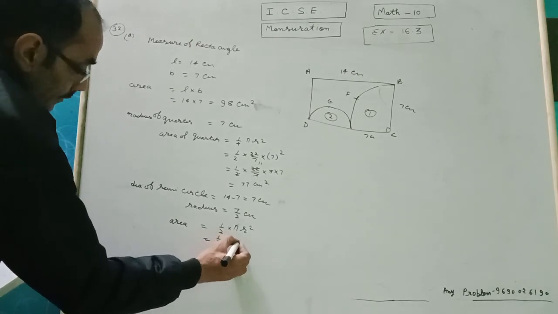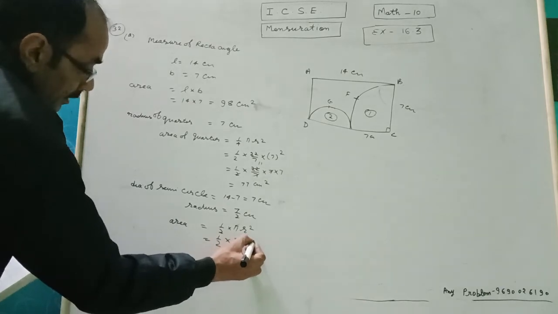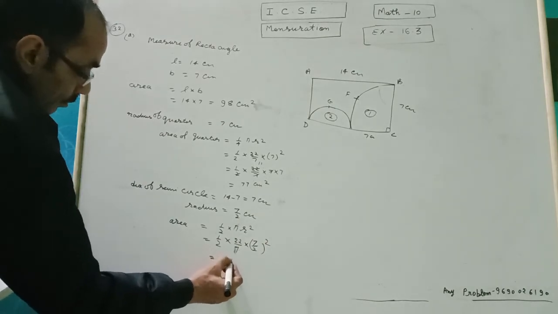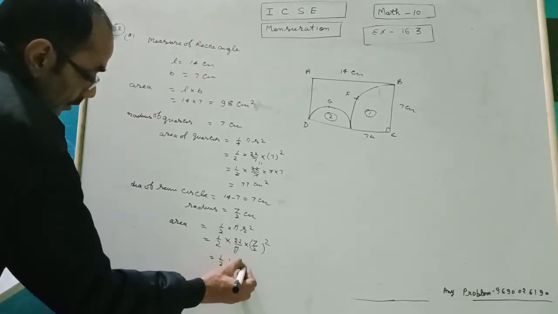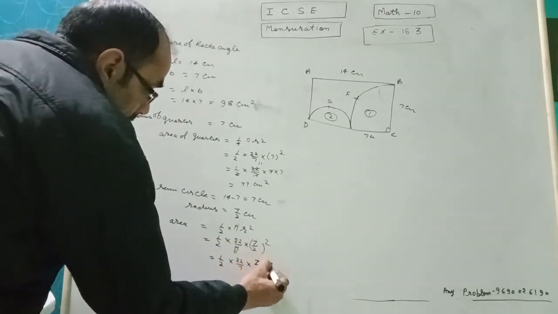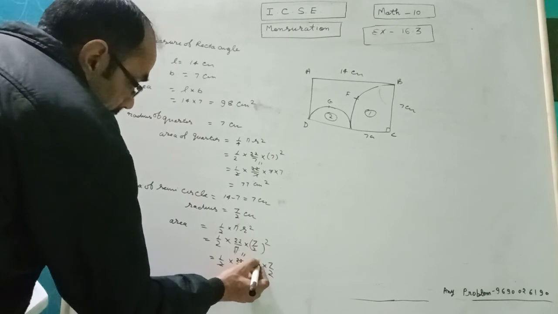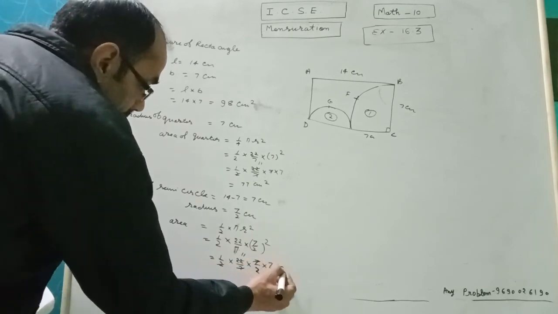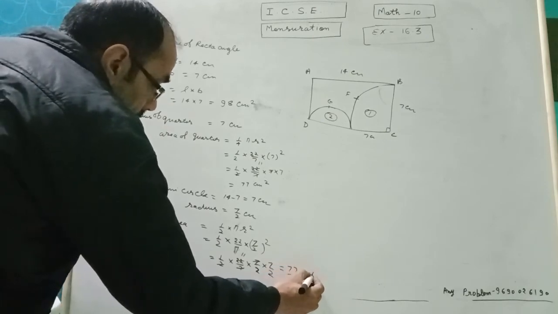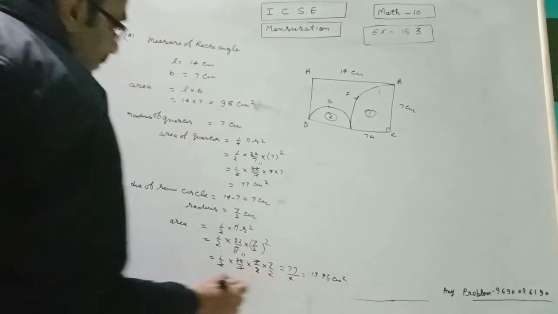Pi value 22 upon 7, r is equal to 7 upon 2. 1 by 2 into 22 upon 7, 7 upon 2 into 7 upon 2. Divide by 2, 11, 7, 77 upon 4 is equal to 19.25 centimeter square.